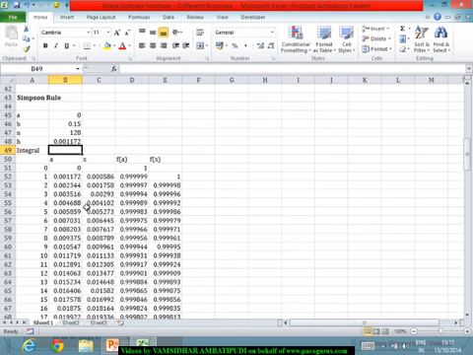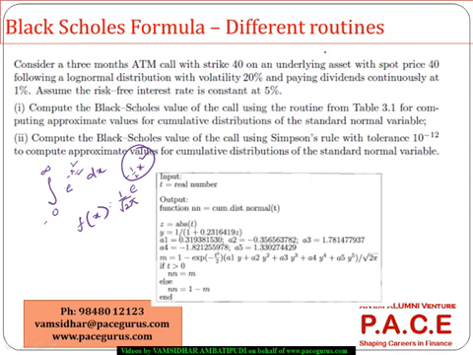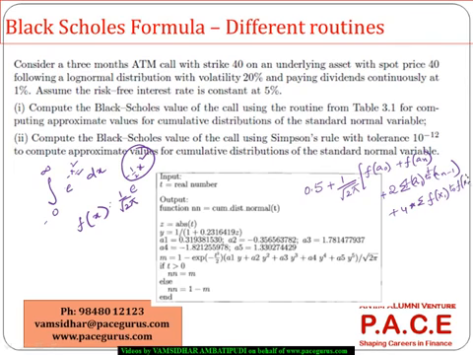If you remember, the calculation is 0.5 plus 1 by square root of 2 pi times f of a0 plus f of an plus twice the summation of f of a1 to f of an minus 1, plus 4 times the summation of f of x1 to f of xn, and this entire thing multiplied by h by 6.